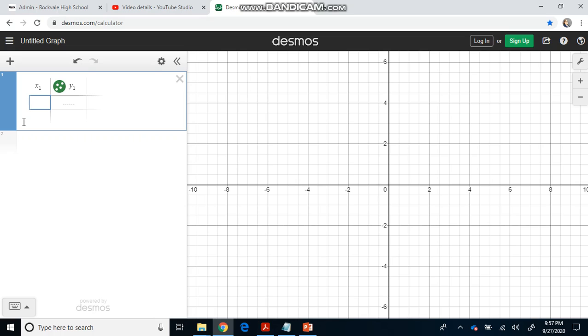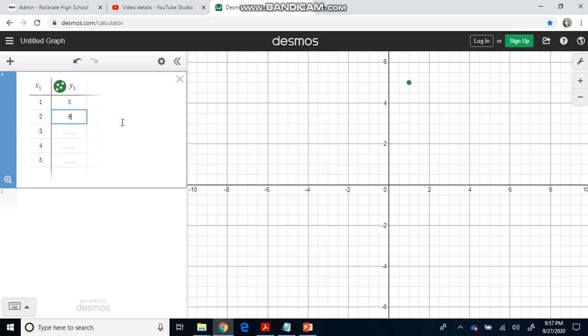And let's see, our first term. Let me just put in all the term numbers: 2, 3, 4, 5. That should be enough. Our first term was 5, and our common difference was 3.